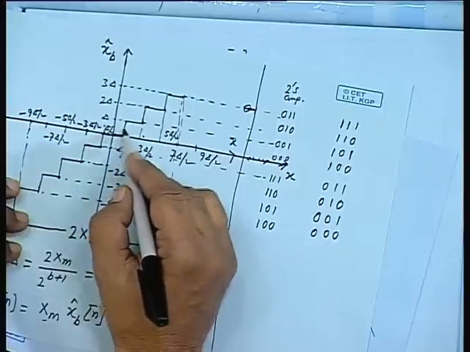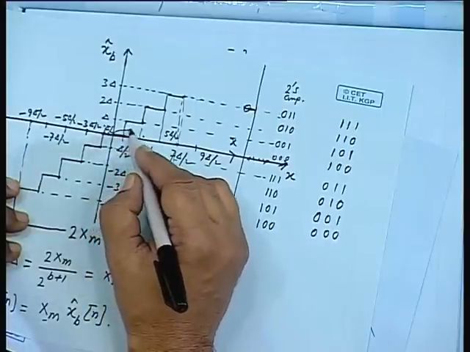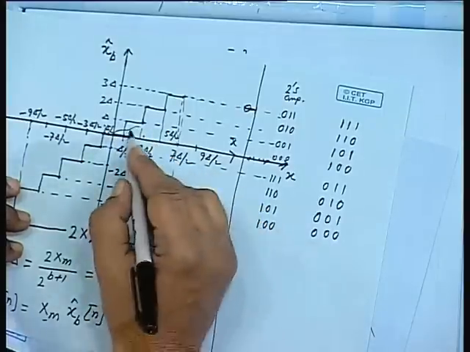The actual signal is passing through this value, all right. So, this is the value of x.